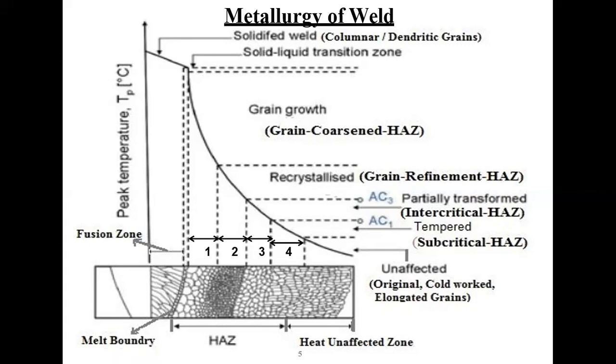We can also see the difference between the grain structures. In the center zone, in the hotter sections, we can see the coarse grain structures. But when you go to the cooler sections, we can see the original cold worked and elongated grains. That means we can see different types of grains.